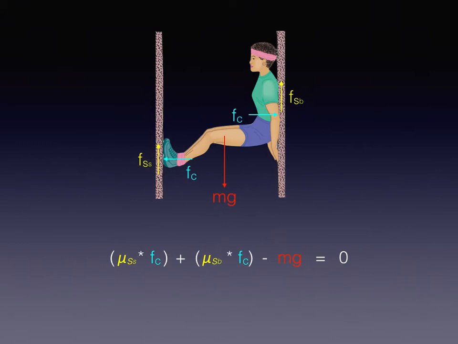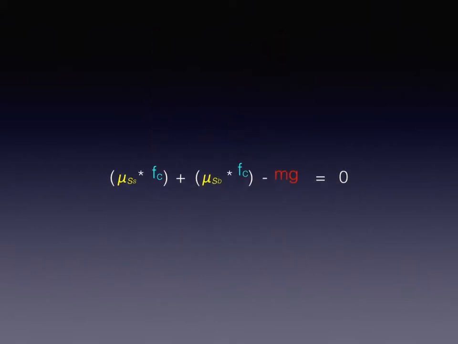First thing I want to do is get rid of everything else, because this is our working equation right here. So let's move that mg, her weight force, to the other side of the equation, because we want to start getting everything away from our contact force. Now we have these two statements, both added together, but multiplied by a contact force. So how do we pull that contact force out?